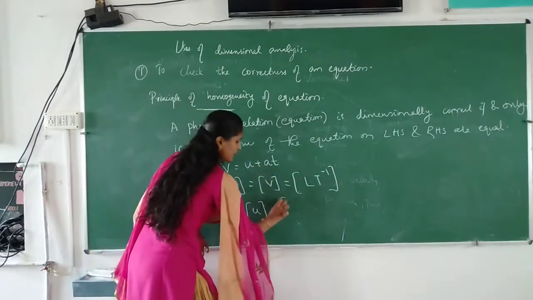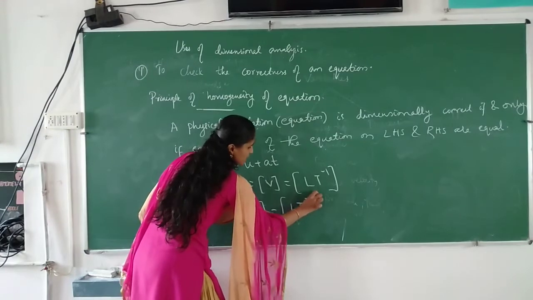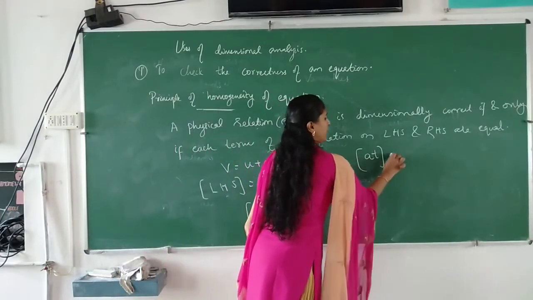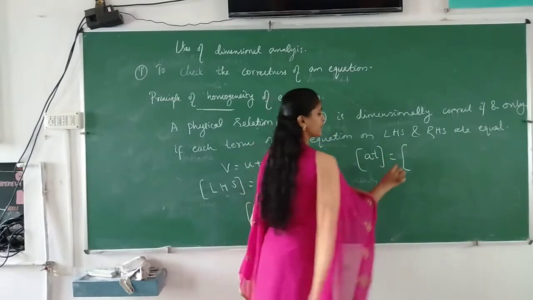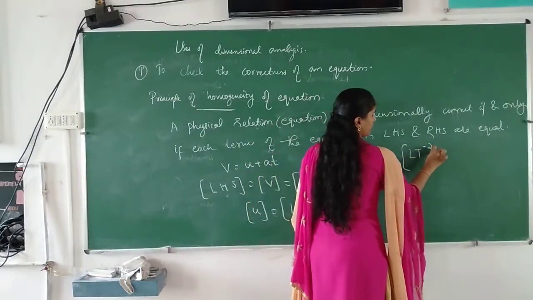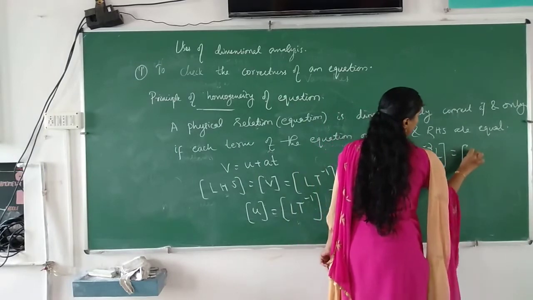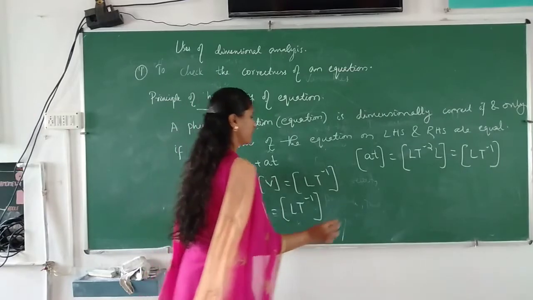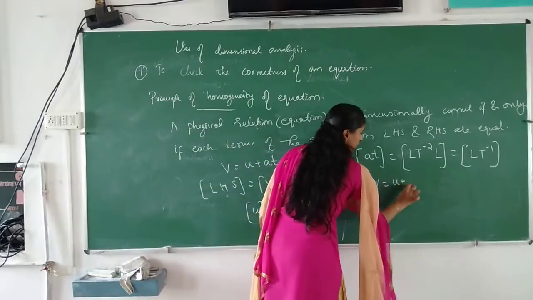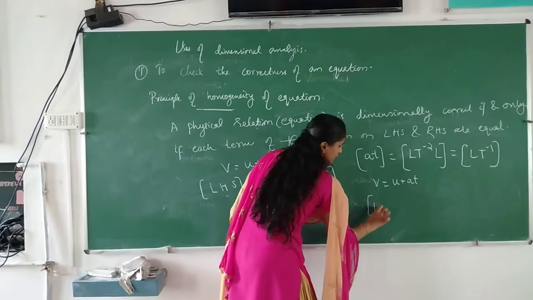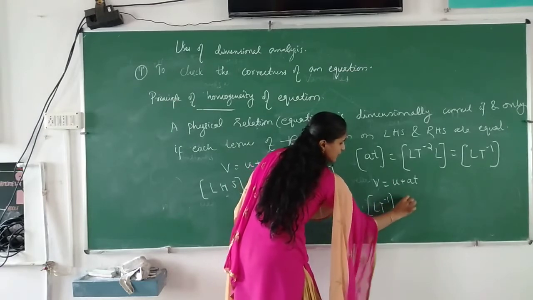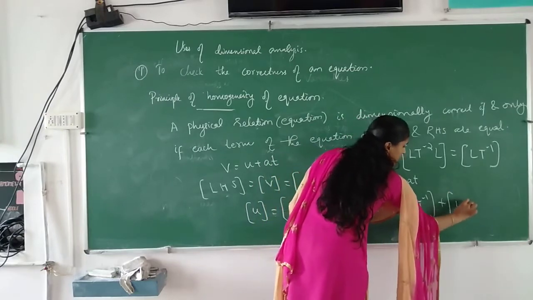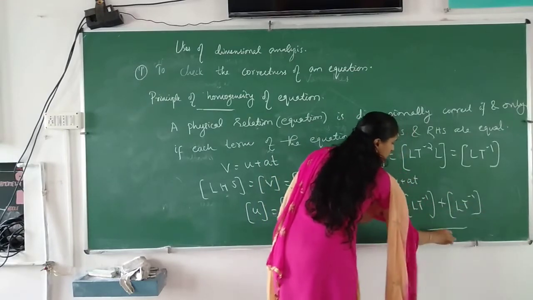Here u has the dimension LT^-1 itself. Again the dimension of at: acceleration has dimension LT^-2, into T, so we get LT^-1. Which means if you write v is equal to u plus at, the dimension here is LT^-1, here the dimension is LT^-1, and here again the dimension is LT^-1.